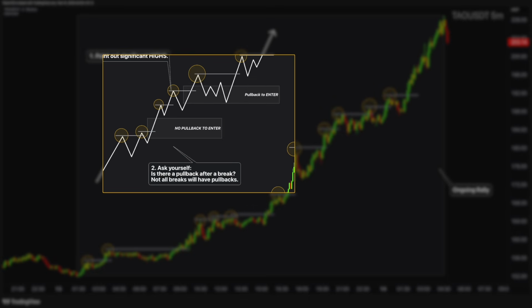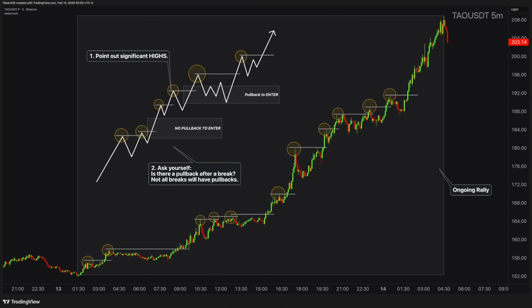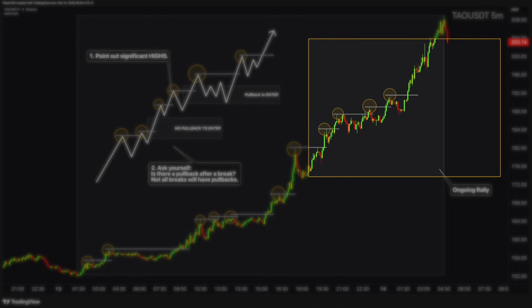But if you look a little higher on the chart, there is a clear significant pullback that gives you a chance to enter. And if you are looking at our rally on the real charts, you will notice that one of the recent highs was broken very strongly, and there was no pullback at all to give you a safe or clean entry here.